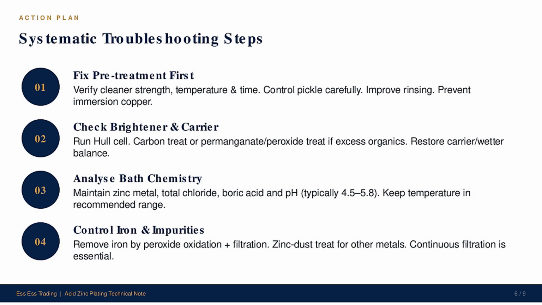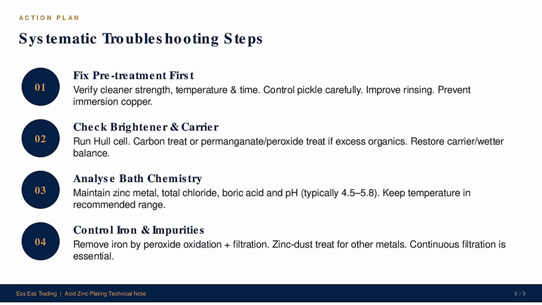Addressing blisters requires a systematic approach. Start by fixing pretreatment. Verify cleaner strength, temperature, and timing. Control pickling carefully, and improve rinsing to prevent immersion copper. Next, check brightener and carrier levels using Hull cell tests, and treat excess organics with carbon or permanganate treatments.